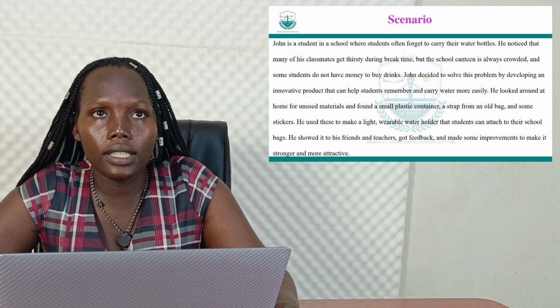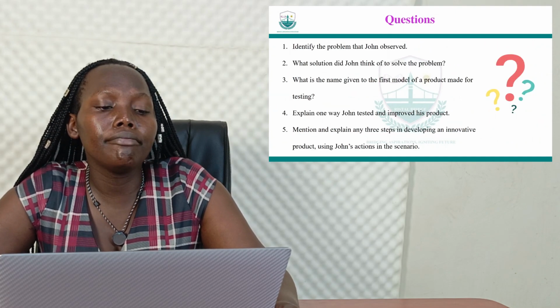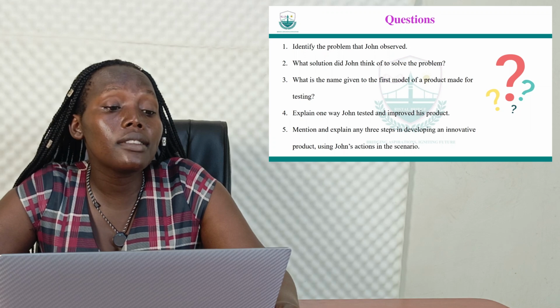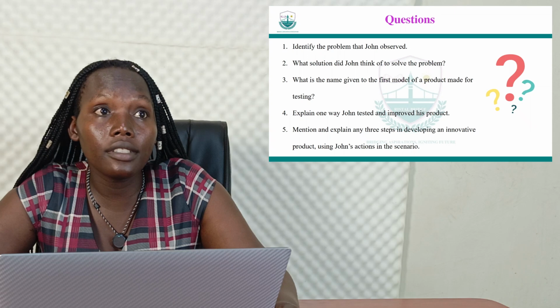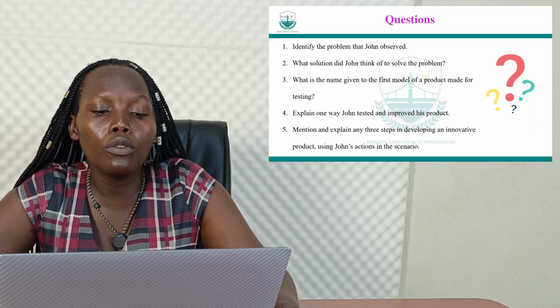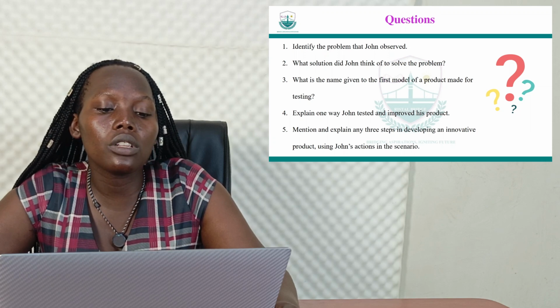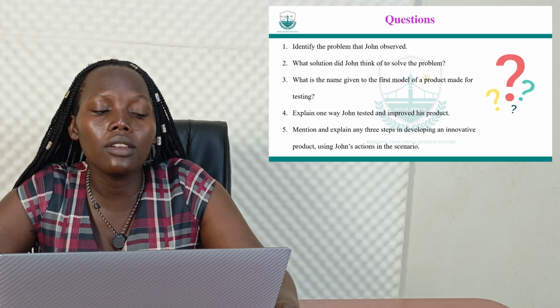And question number 5, mention and explain any 3 steps in developing an innovative product using John's actions in the scenario. So I expect you by the end of this lesson to be able to answer these questions. So let's dive into the different steps in developing an innovative product.